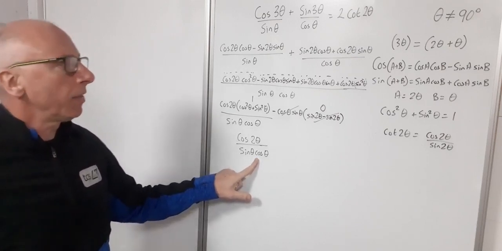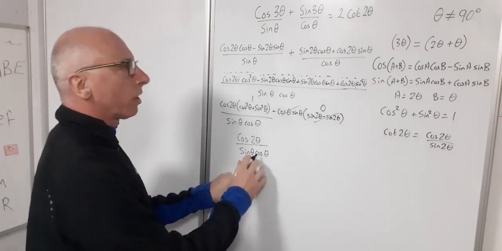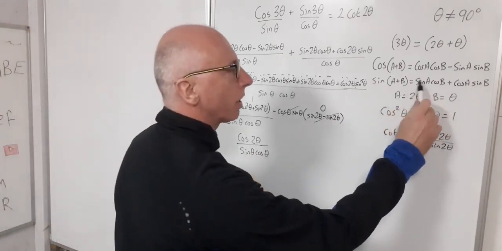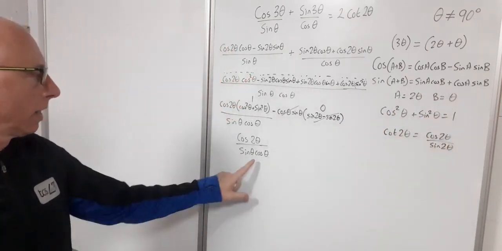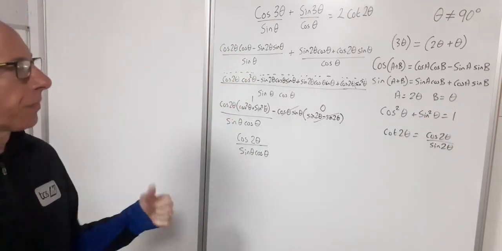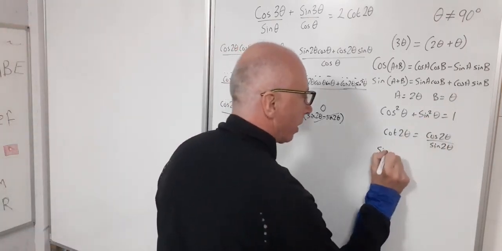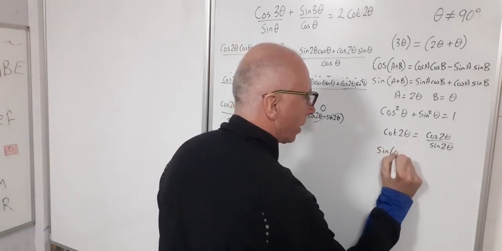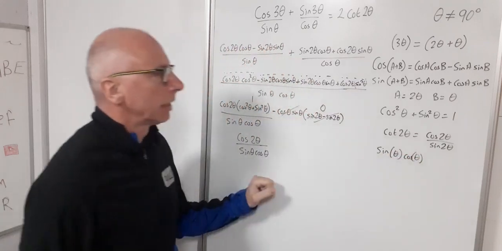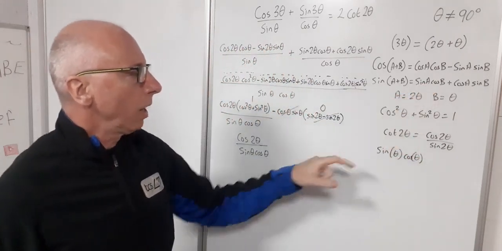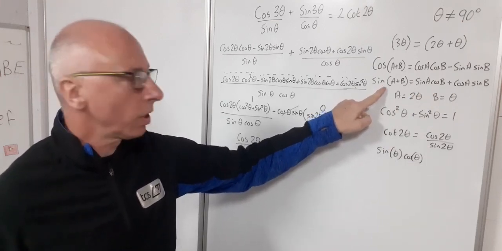Well, let's have a look at our sum rule here, because that looks like part of it. So sine and cosine I've got in here. Both of those have got sine and cosine compared. So I've got theta and theta. Now let's imagine I've got sine of theta, cosine of theta. That's half of that. Well, that would mean my input would be sine of 2 theta.